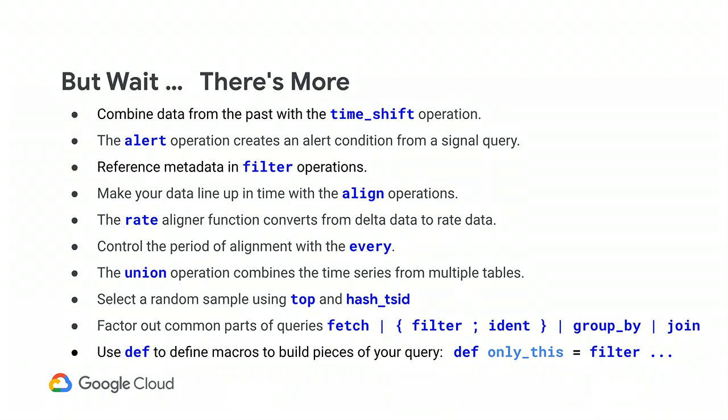All right, I'd say, but wait, there's more. I think we've covered most of this stuff now in the demos: time shifting, alerting, metadata and filter operations. One thing we haven't done is talk about alignment and time.